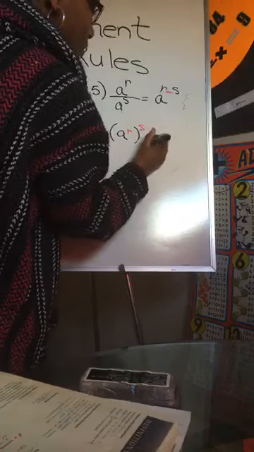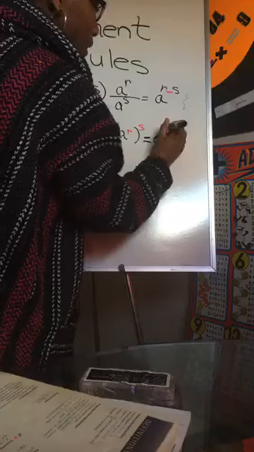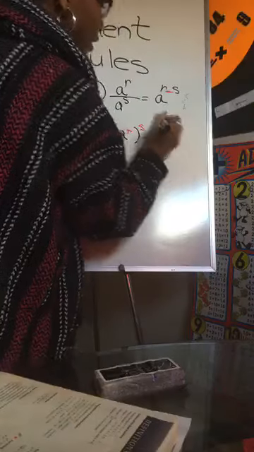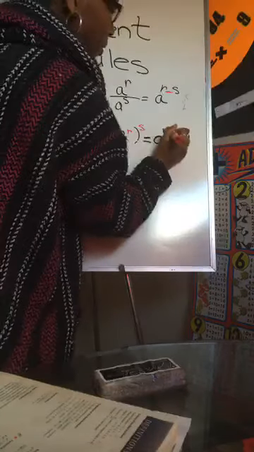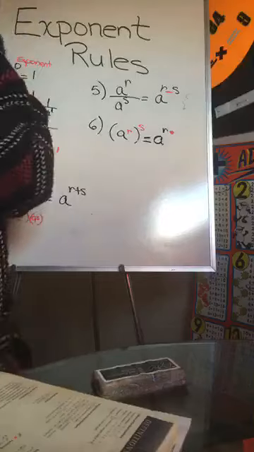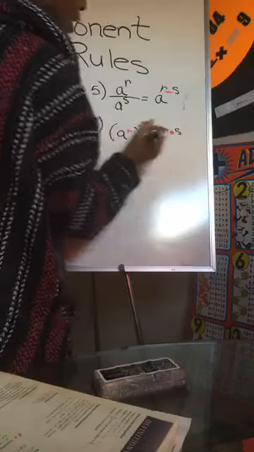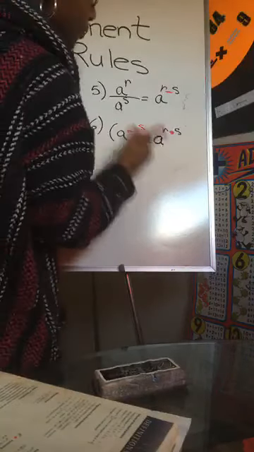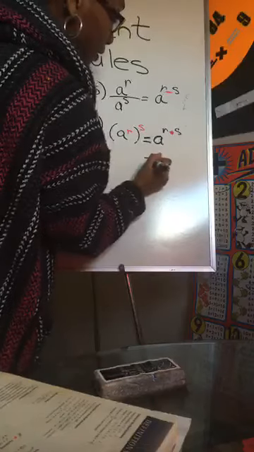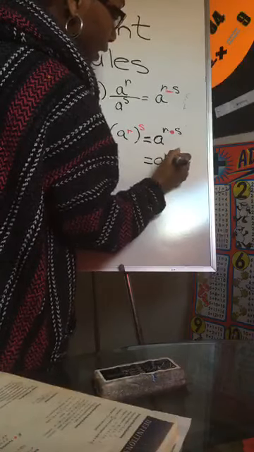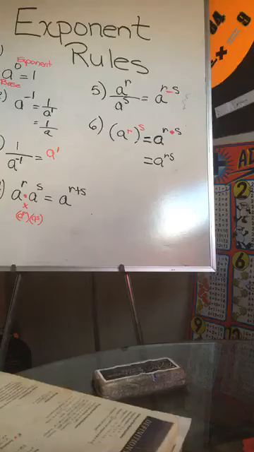So that means I'm going to say a to the r times s. I'm using a dot for multiplication. In the textbook, it's always written like a to the rs. That means multiplication. I just put a dot there so you can see that. In my textbook, they don't put a dot.